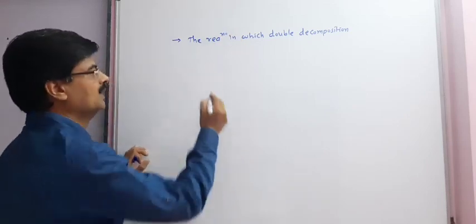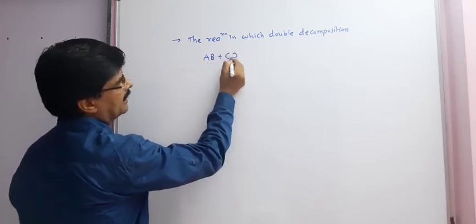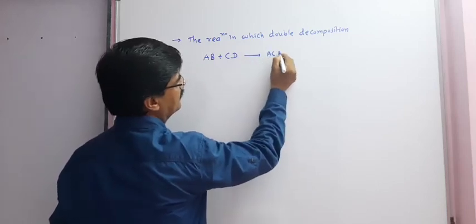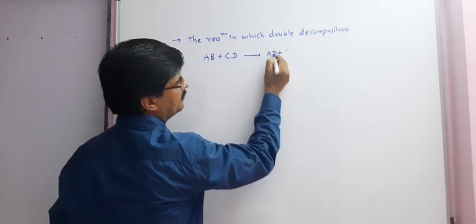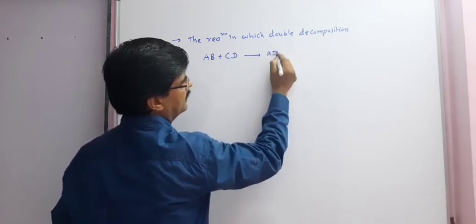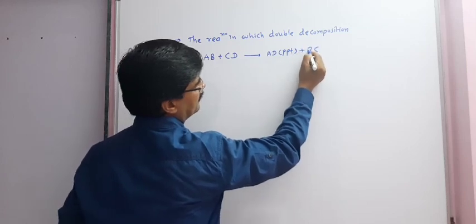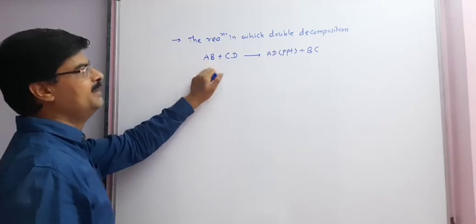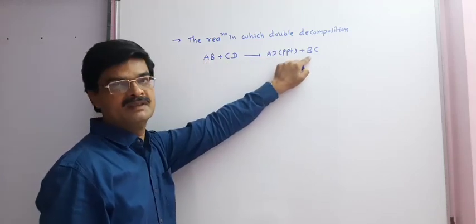First, take an example, the reaction taking place between AB and CD will give AD precipitate plus BC.